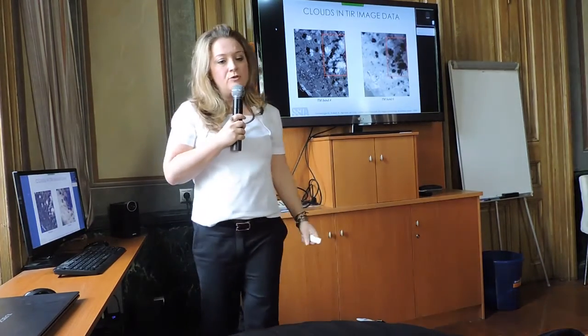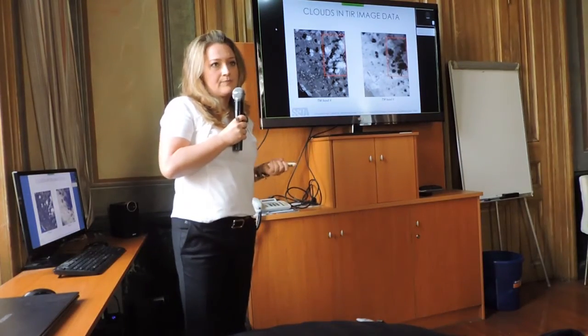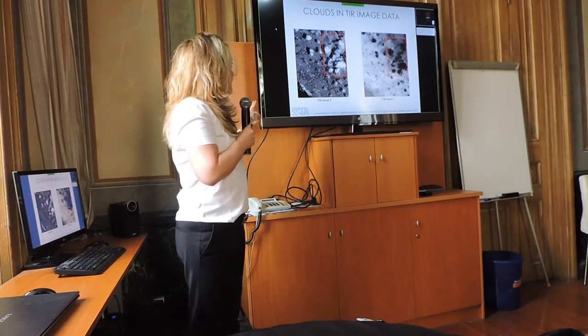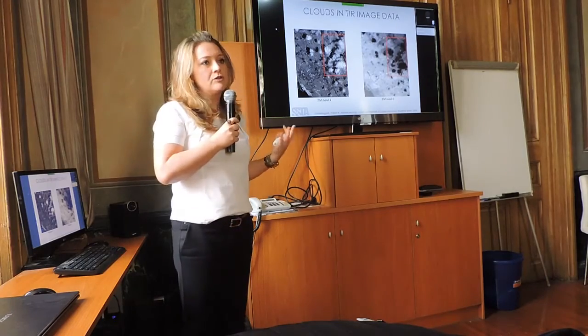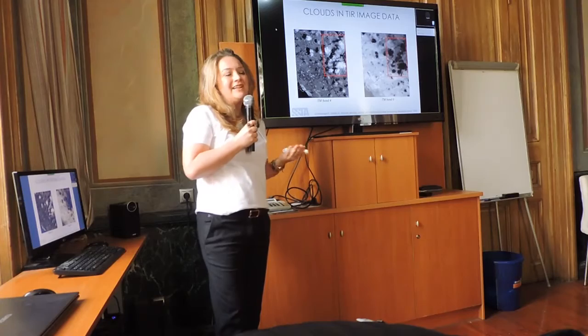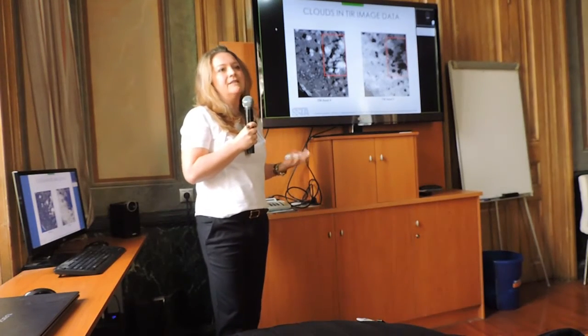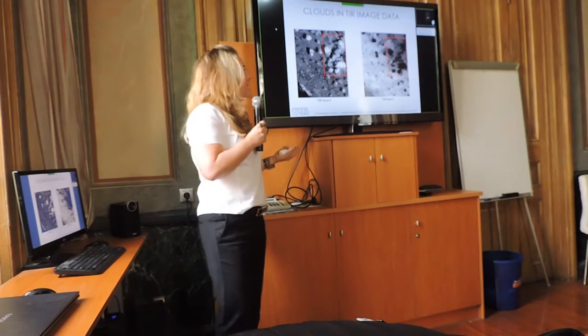One problem that you also have to deal with in thermal infrared is clouds. The reason is that when you have clouds, they emit radiation because they have a temperature above absolute zero, so they emit in thermal infrared.